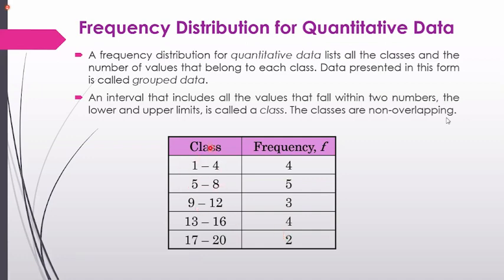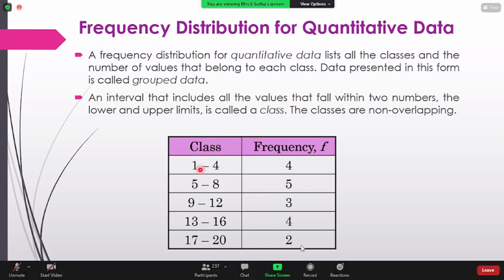These are called classes. These are the non-overlapping classes. How are we saying that these classes are non-overlapping? Because there is no common value between those classes.